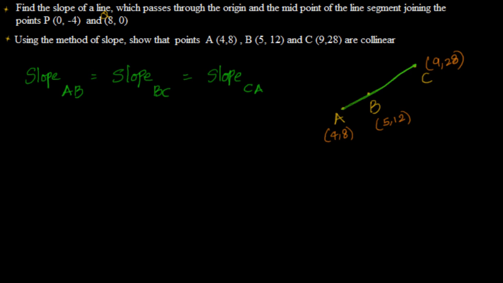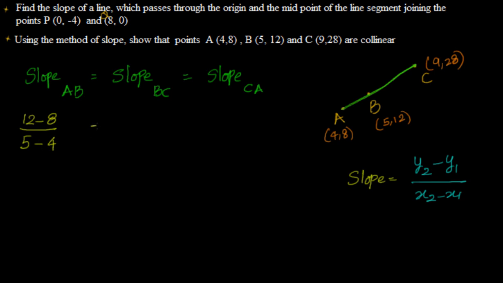So let's find out slope of AB first. Slope formula is y2 minus y1 by x2 minus x1, where x1, y1 is the first point and x2, y2 is the second point. So slope of AB is 12 minus 8 by 5 minus 4.